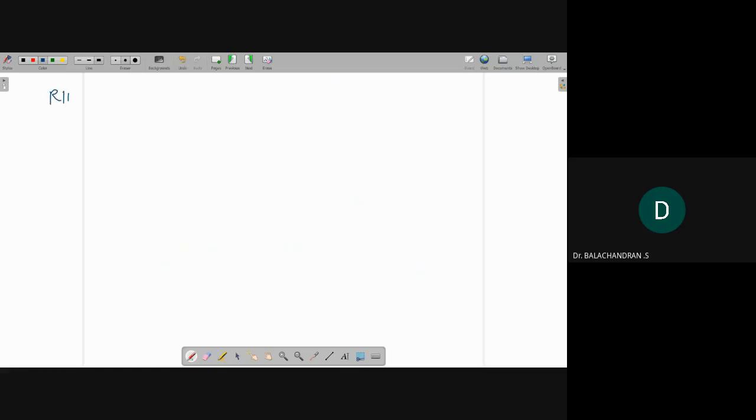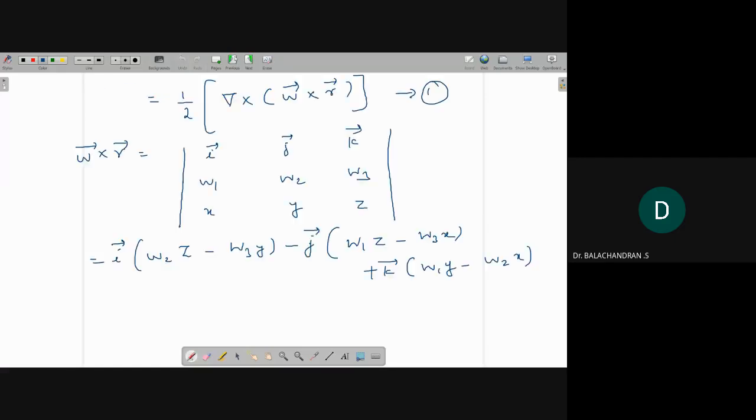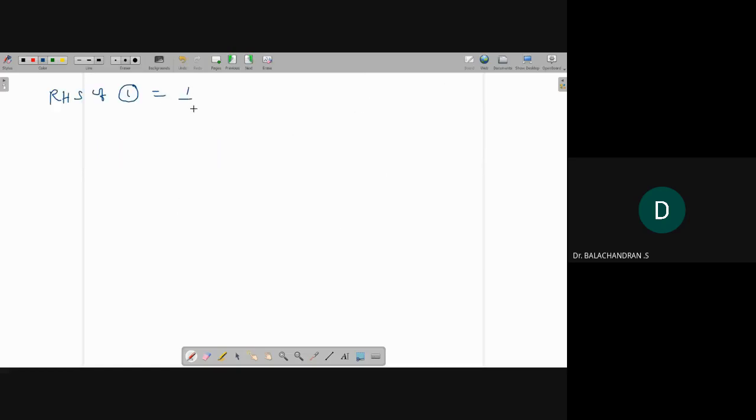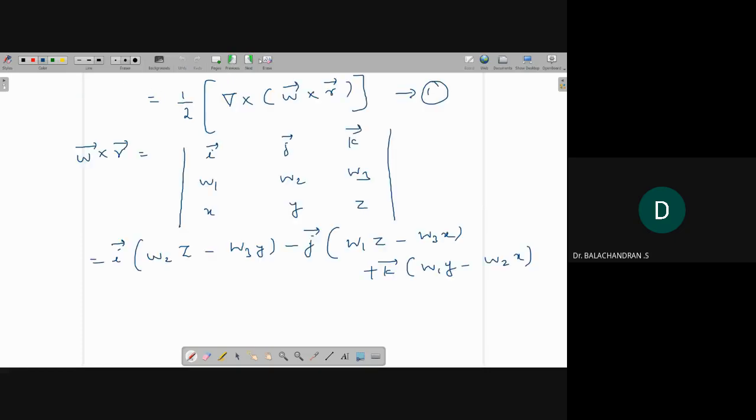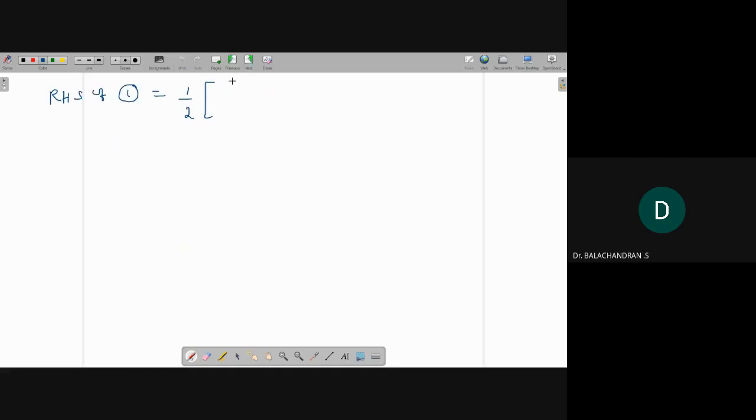RHS of 1 equals half into del cross w cross r.